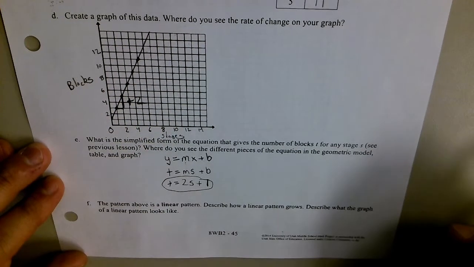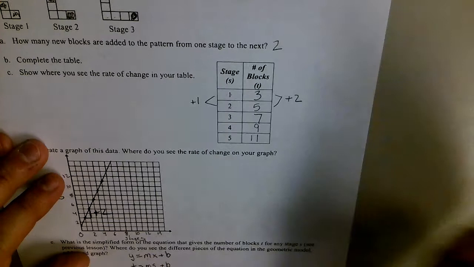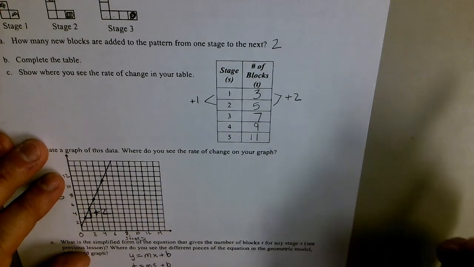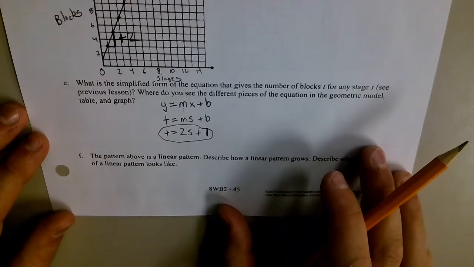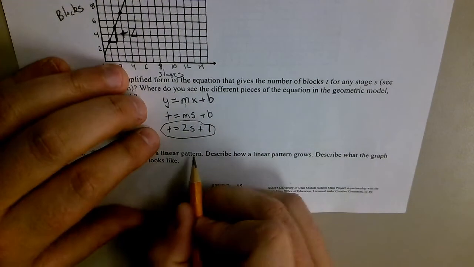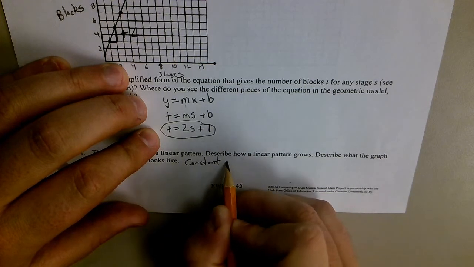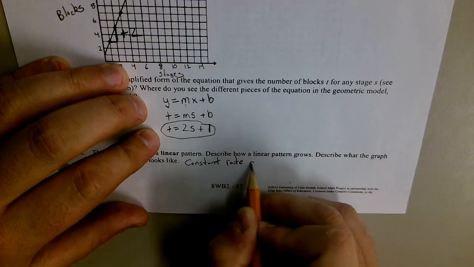And in our graph, it does that. In our table, if this side goes up 1, this should go up 2 every single time to create that linear situation. So we're going to say something like it has a constant rate of change.